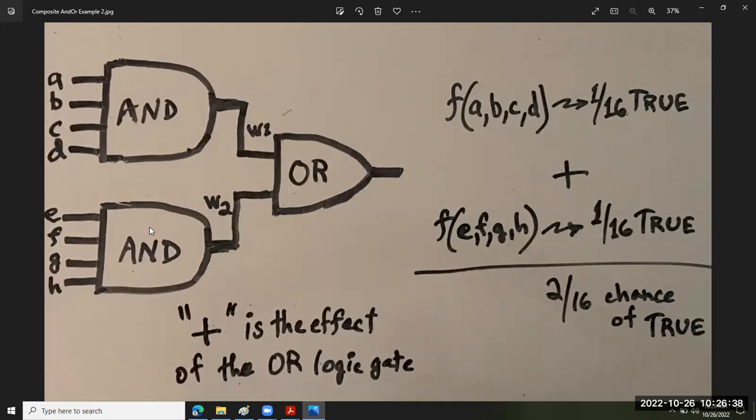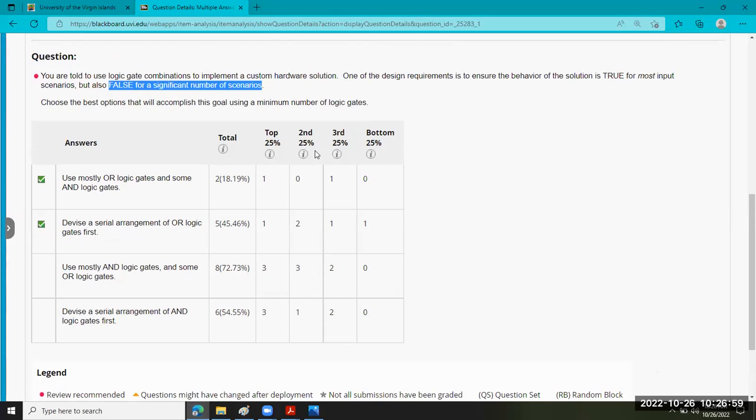And as you do this, what's happening is that you're turning up or turning down the instance of occurrence based on which logic gate you're putting in first, okay? So I know this is a little complex, but in our scenario for the assessment, the interest is that we want it to be true most of the time, but we still want a significant number of falses in the mix.